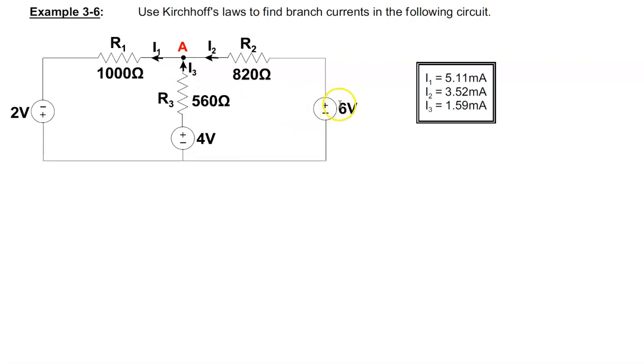For the 6-volt source, the current probably comes out of the top and goes from right to left, so I've labeled I2 in that direction. I've called the junction right here A.